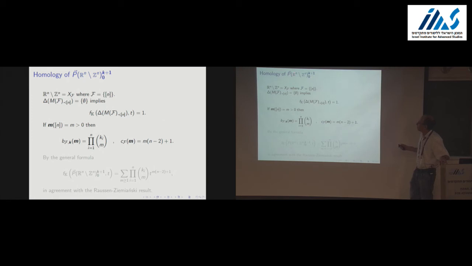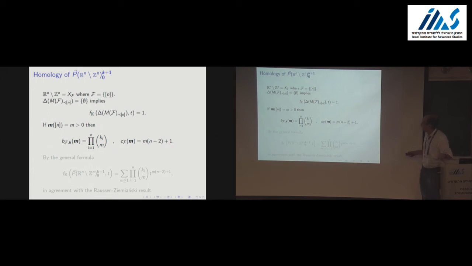If we remove Z_n, we have only one set here. Since there are no sets which are not the full 1 to n, the order complex is just empty, and therefore its Poincaré polynomial is just 1.